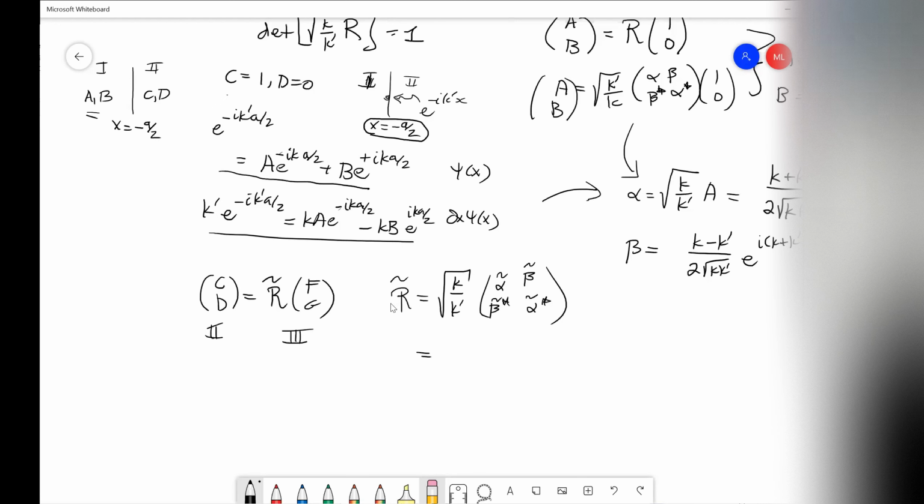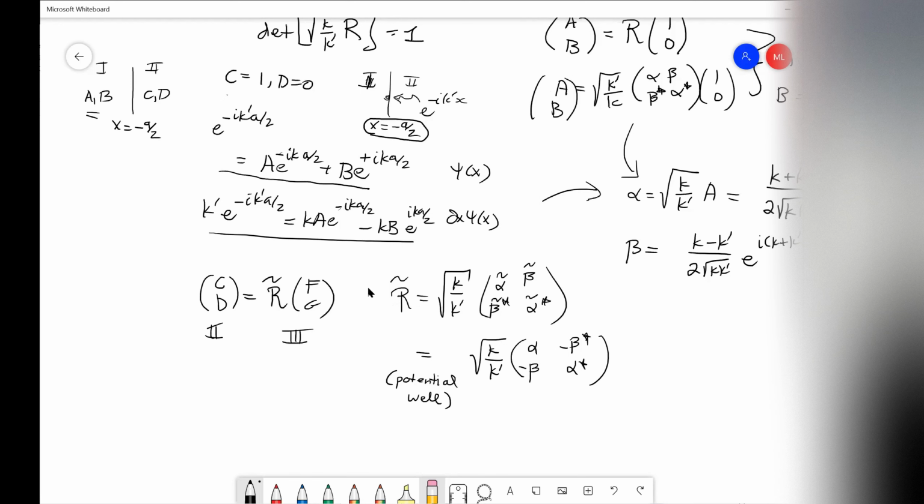And you can show that for this particular potential step, because it's so symmetric, and the boundary between 1 and 2 is symmetric with the boundary between 2 and 3, this thing looks quite similar to the R matrix, except the off diagonal pieces pick up an extra star and a minus sign. But other than that, it's pretty much the same.